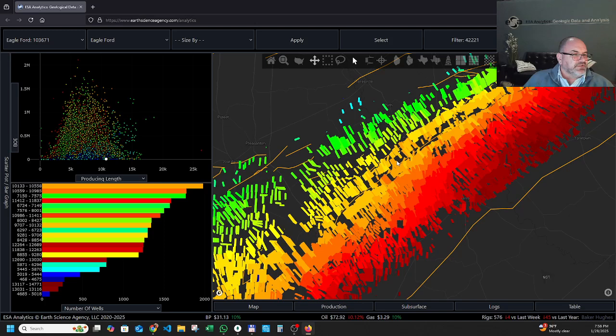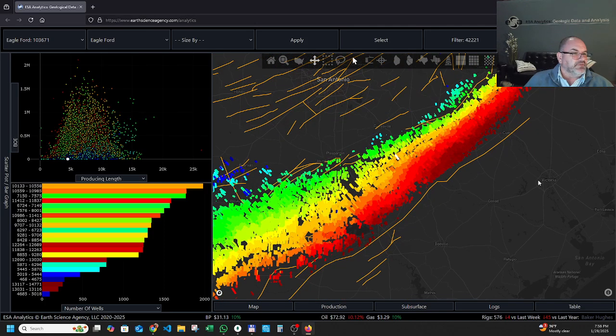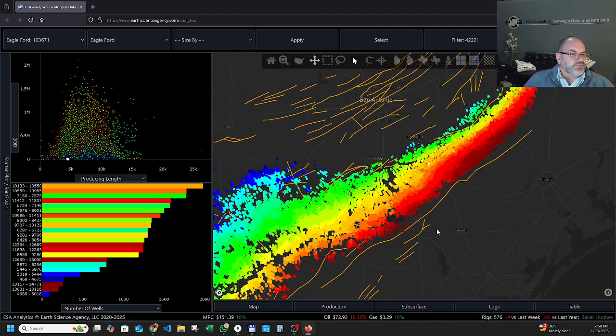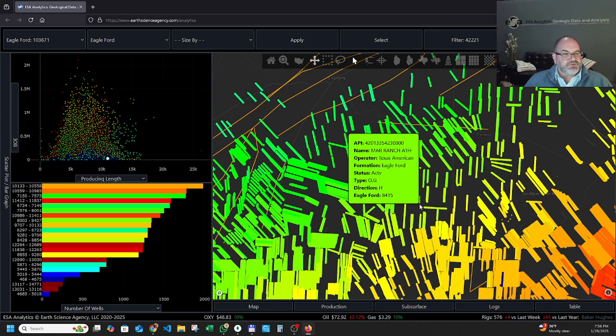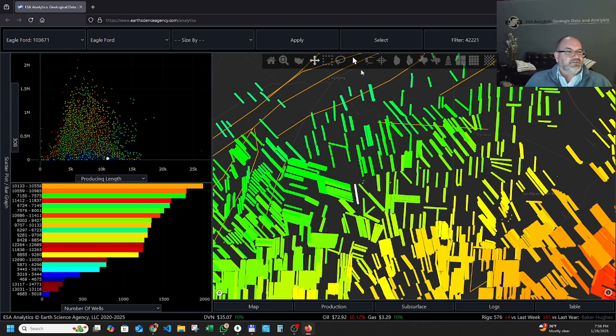I haven't shown this in any of the other basins, but it's just kind of a cool thing that if you're trying to understand why people are drilling where they're drilling, why they're drilling that direction, this is one thing to look at. Now, it's not always the case. Sometimes it's just because their available acreage has sort of an odd shape and they're trying to maximize it, so they really can't factor in these stresses.